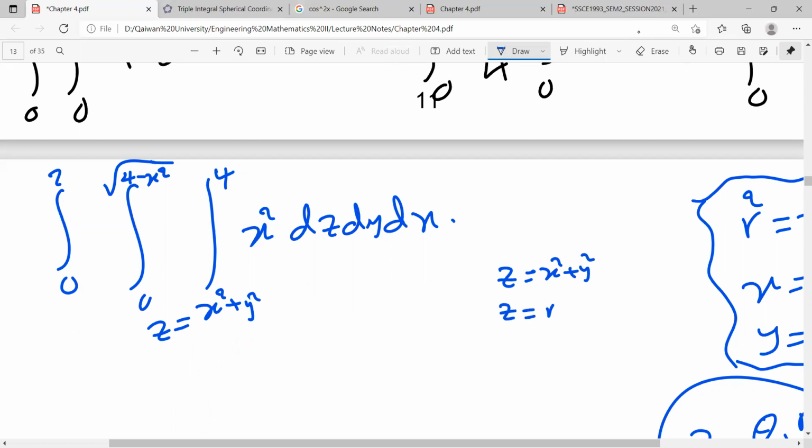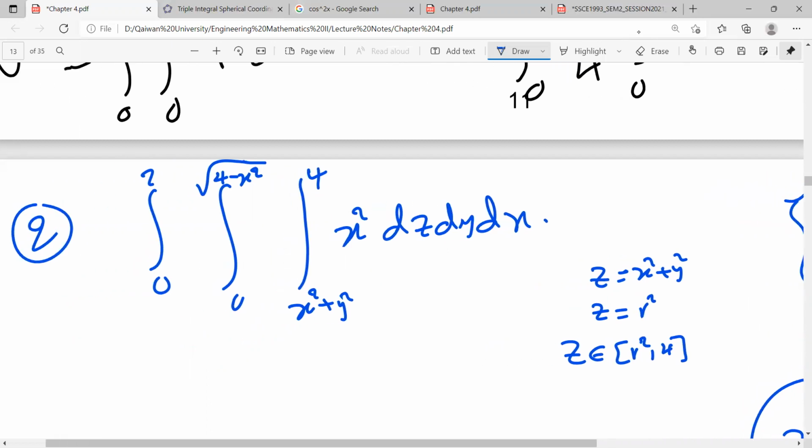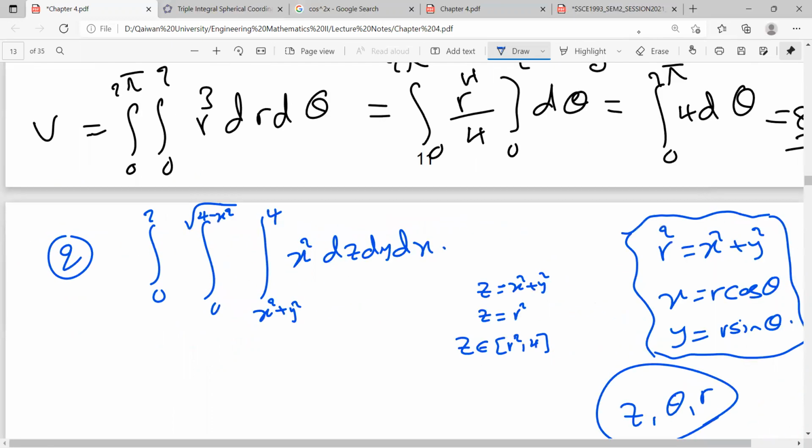So z equals r squared. That means z belongs to r squared to 4. As you see, the upper limit is 4. We don't change it because there are no x and y terms in the upper limit. But in the lower limit, we have x squared plus y squared. By applying this rule, we can say it is r squared.